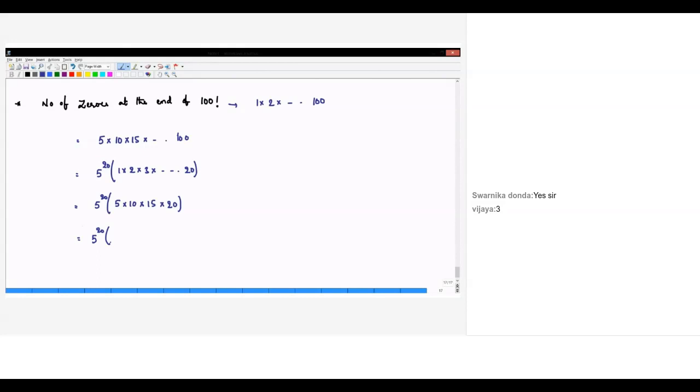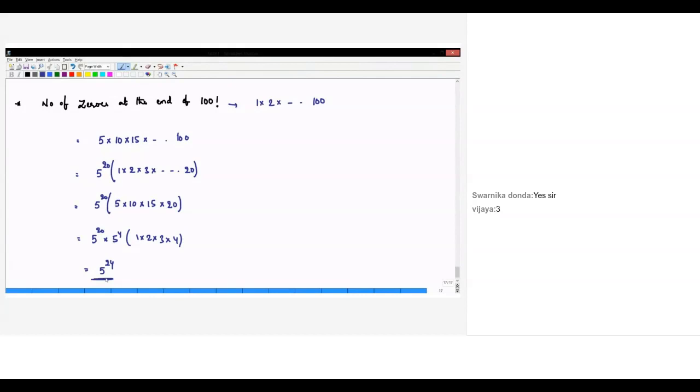You take common another 4 fives. Five power 24. Therefore, total number of fives is 24. Total number of zeros will also be 24.